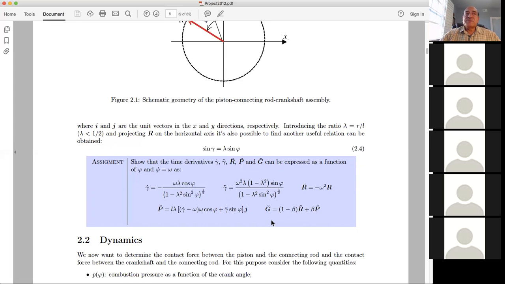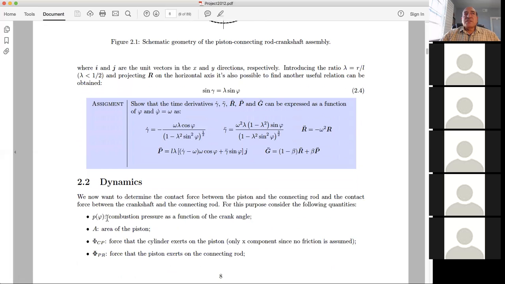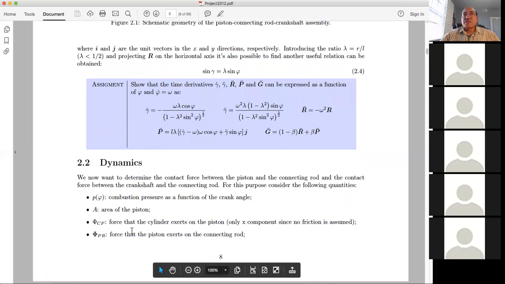So anyway, you have the pressure as a function of the crank angle, phi, and the area of the piston is known. This is also from the selection that you'll do. And then our job is to determine forces as a function of time, or a function of phi. Phi is a function of time, obviously, so we can do everything in terms of phi.